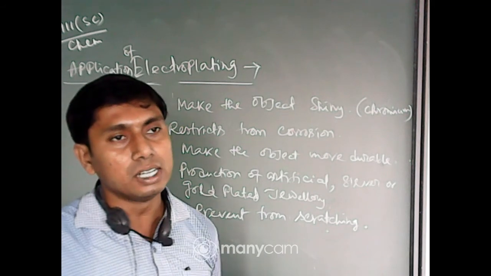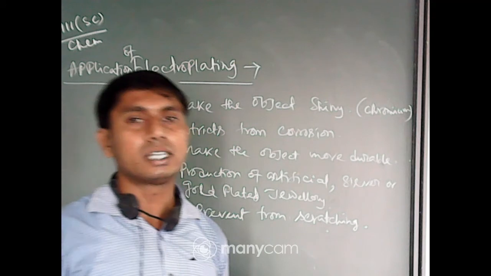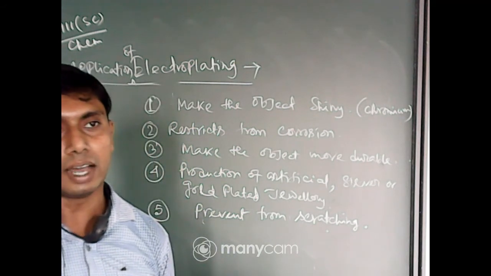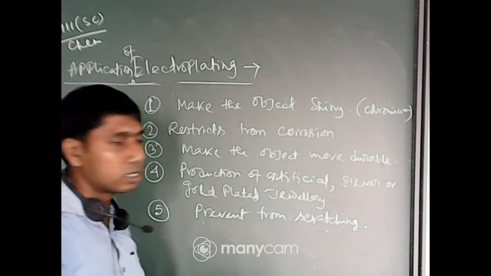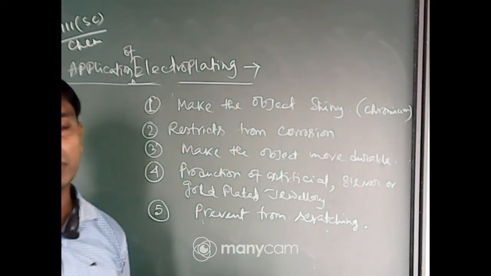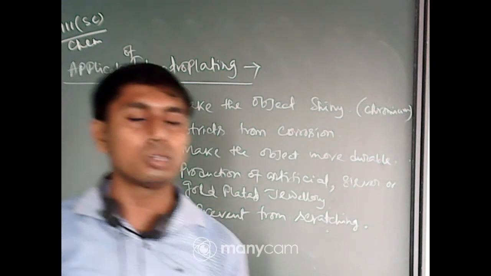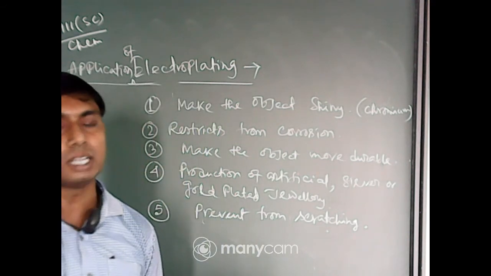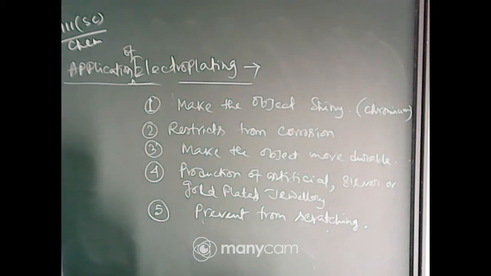As it is less reactive than iron, it can make a layer, so that the other metal, that is the iron, becomes more durable, and its resistance towards the environment, that is corrosion, also increases. It is also an advantage of having a layer of tin over iron articles, which is discussed in that paragraph.